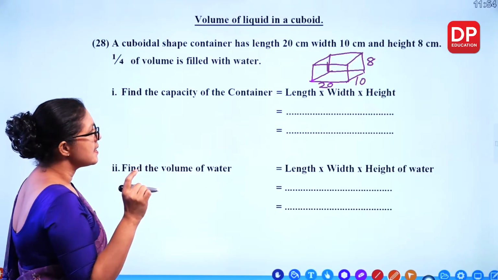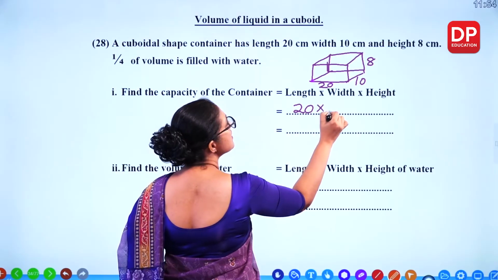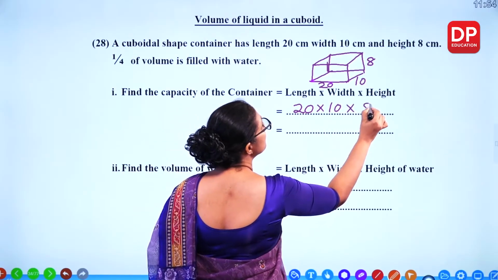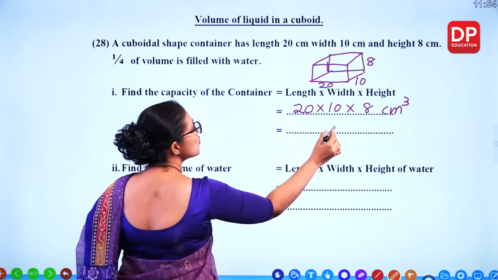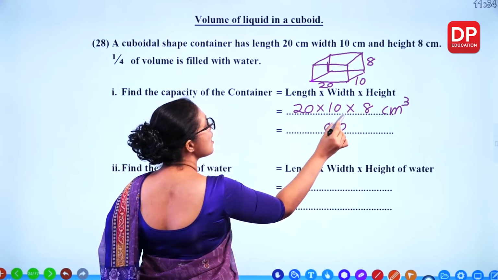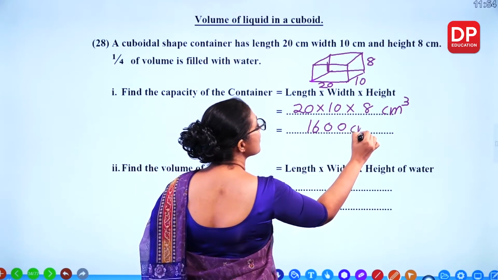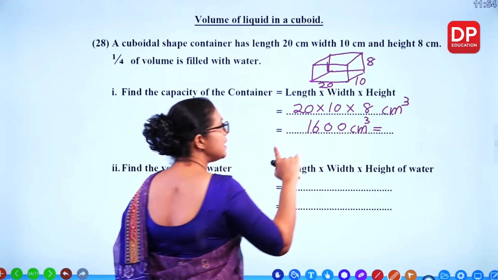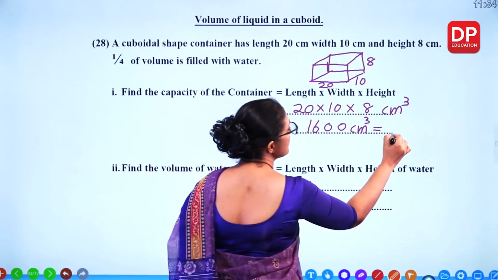Find the capacity. Capacity means you take fully 20, 10 and 8. This is in cubic centimeters. So 2 zeros, and 2 times 8, 16. You can convert to milliliters. You get the same, and divide by 1,000. You get 1.6 liters.